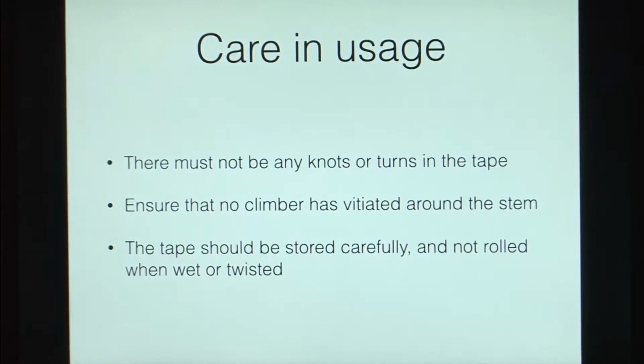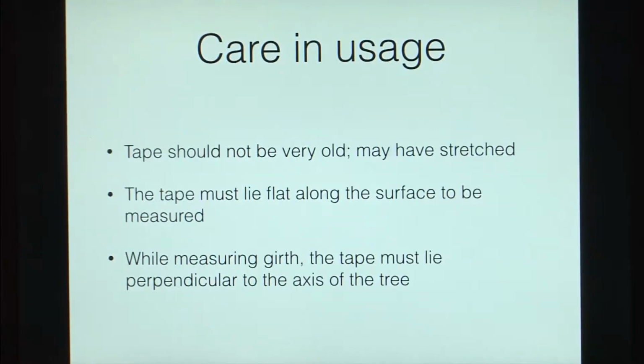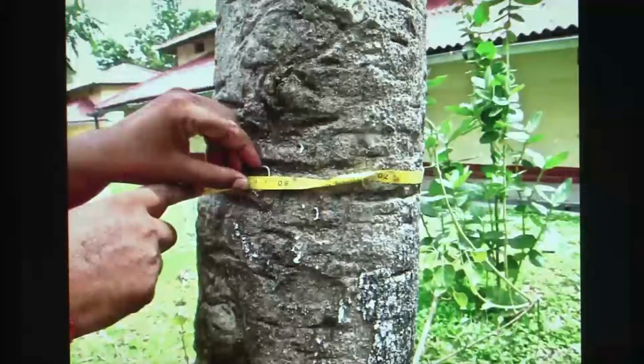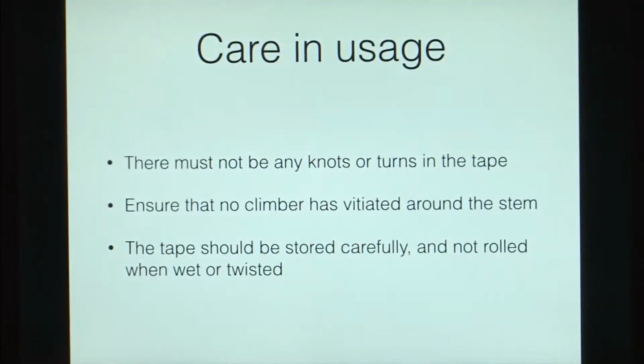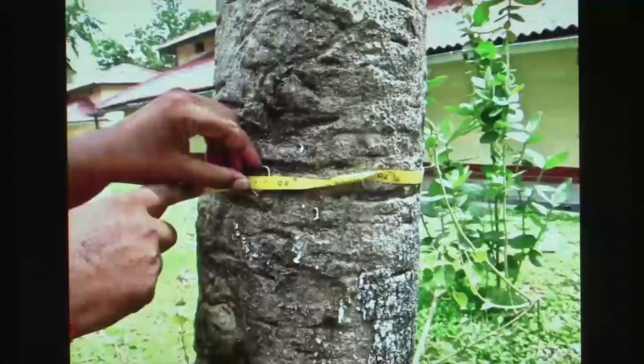There must not be any knots or turns in the tape, as we saw in this figure. So, here we have a tape that is showing a knot. In this case, the girth that we will measure will be greater than the girth of the tree. Then there should not be any climber that has gone along with the tree, and it should be stored carefully.